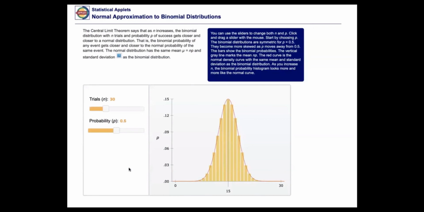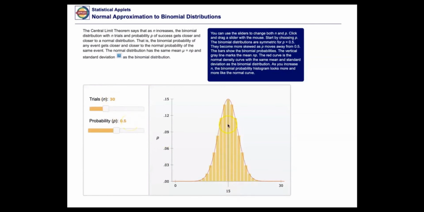So we're going to have to combine those two ideas together into what we call the large counts condition. And the large counts condition says that if we take n times p, it has to be greater than or equal to 10. And then n times 1 minus p has to be greater than or equal to 10. So in this case, n, 30, times p of 0.5 will give you 15.